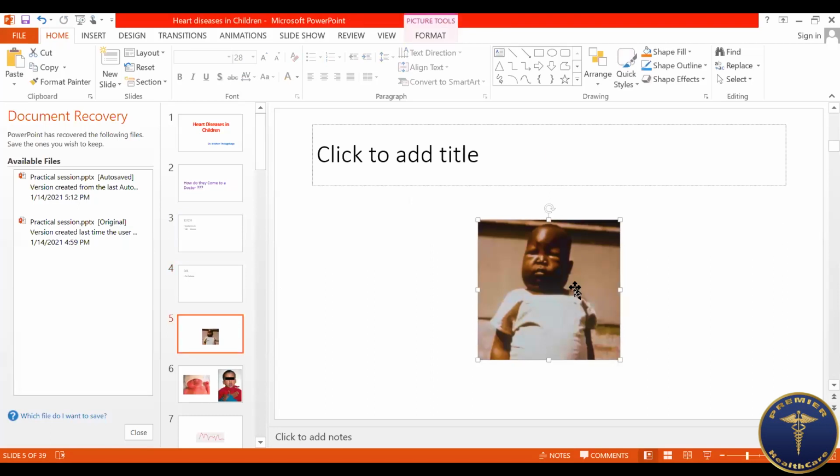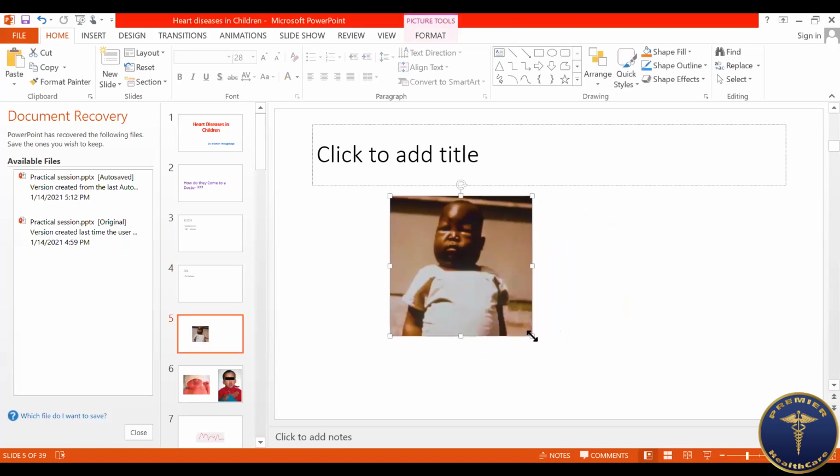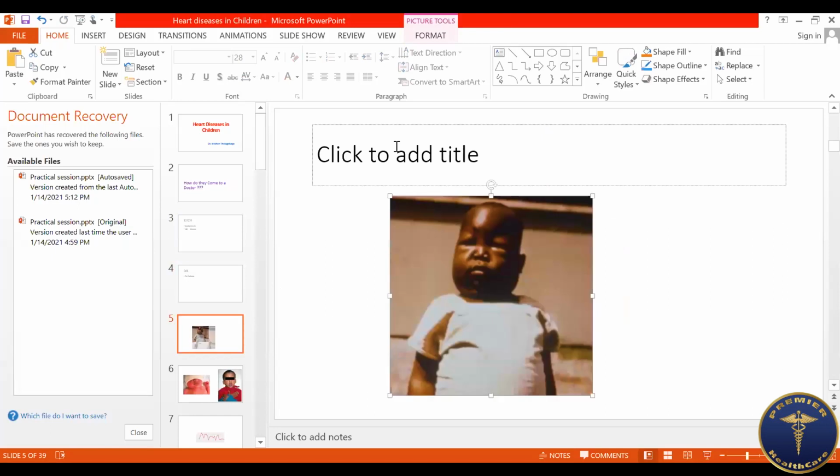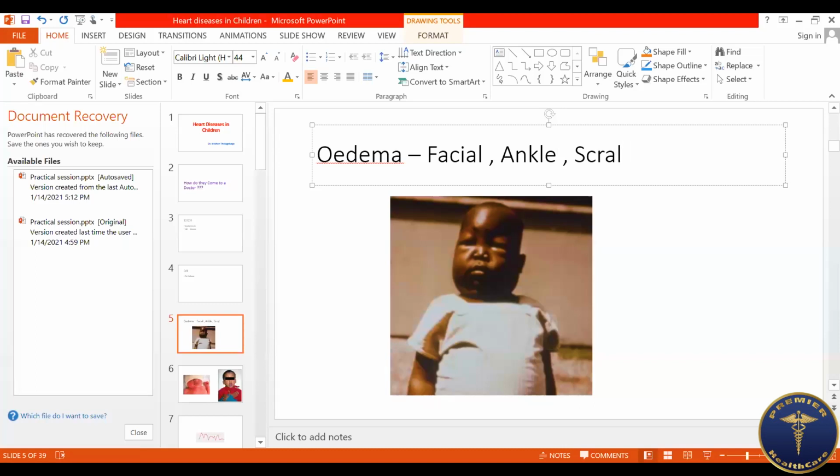They will be swollen like this. Where will they get swollen? Facial, and then lower limb, or ankle. The better word is ankle. Else sacral. Sacral edema, all those are possible. So they could present with edema.